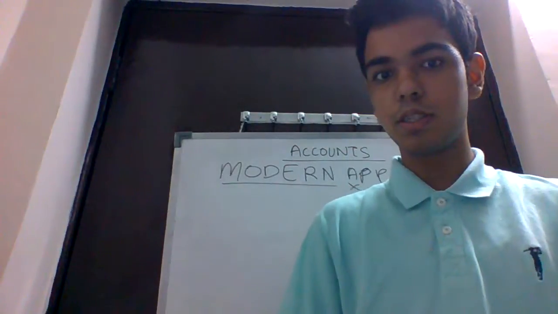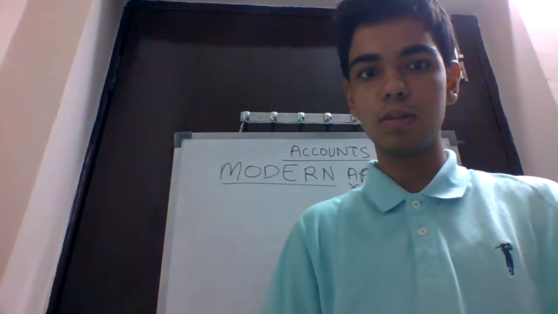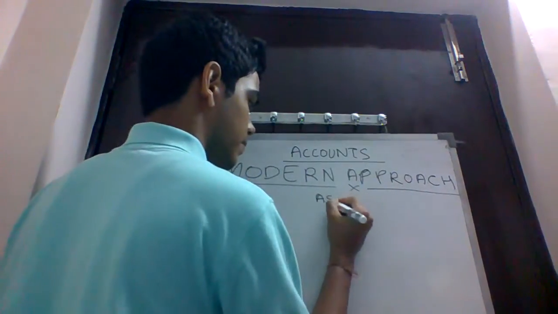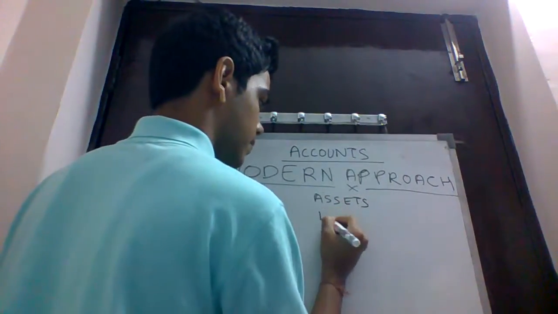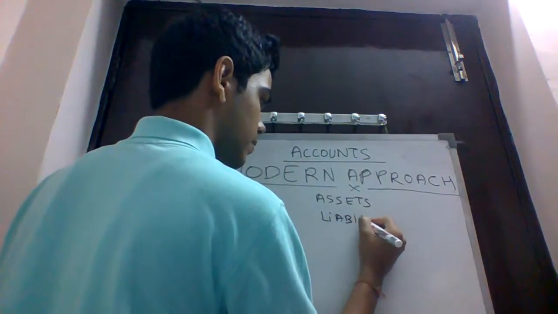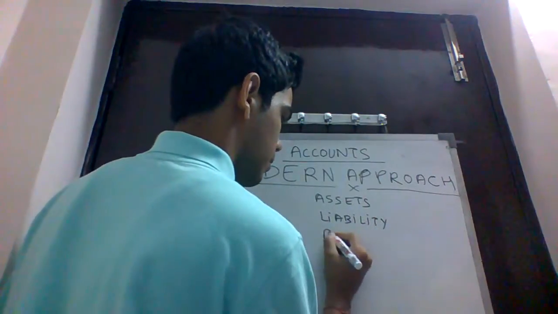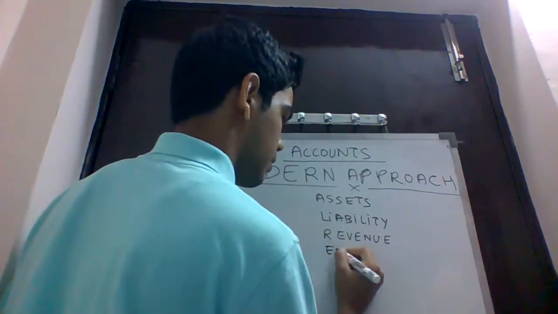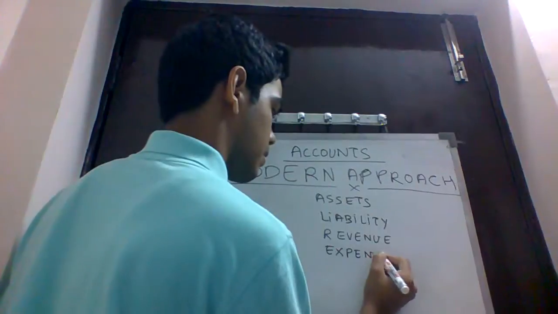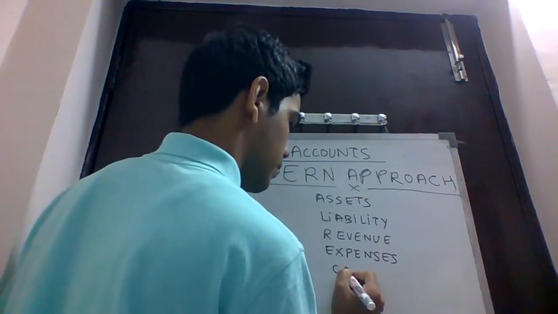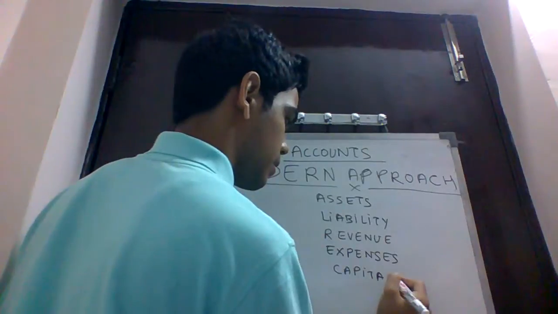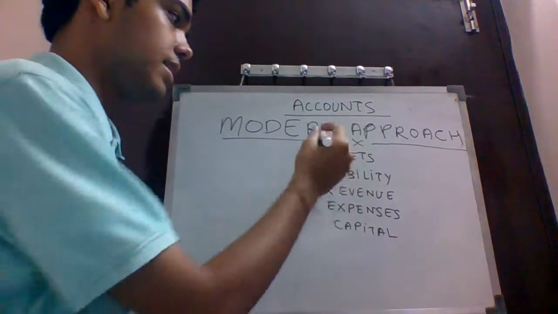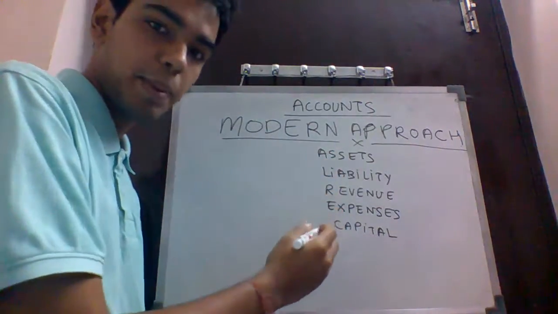Now, the modern approach to accounts basically involves five types of accounts: assets, liability, revenue, expenses, and capital.